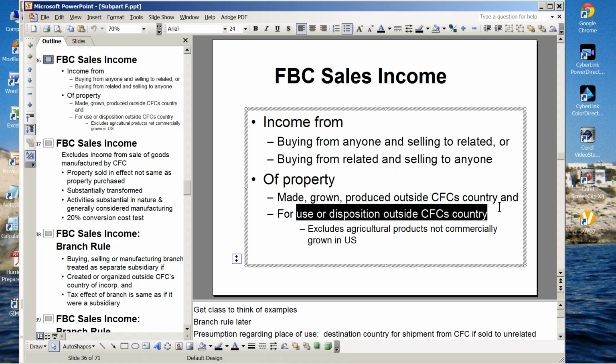Now, as we were talking, mentioned a couple of examples, and I'd like at this point to open it up and have a couple of you, either through the chat function or verbally, I've got the microphones on, and you may need to enable your own. Give me an example of something that you think is Subpart F income on the sales side of it.